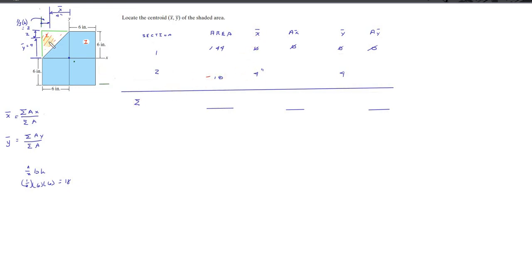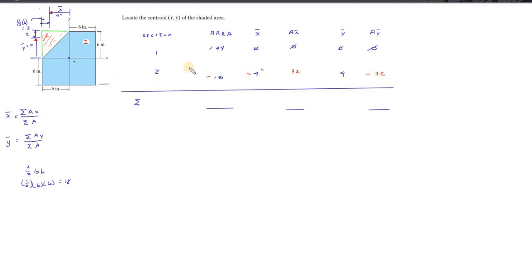Also, when we did our X value, if you notice how I drew my arrow here, I am going in the negative direction. With my Y bar though, you can see my arrow is going in the positive direction. So if I multiply a negative 18 times a negative 4, I get a positive 72. And when I multiply a negative 18 times 4, I get a negative 72.